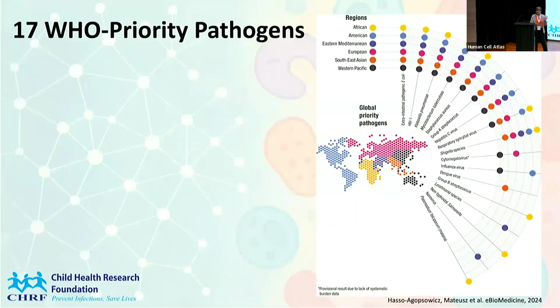Now, in addition to the global burden of disease that is always published by IHME, WHO also works very hard to come up with a priority list of diseases. Here I'm showing you an example of the 17 priority pathogens by the WHO. These are basically the 17 pathogens that have high burden in different regions. I know it's very hard to see over here, so I'm going to zoom in.